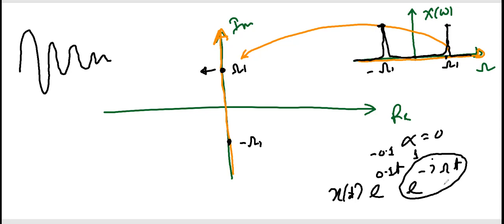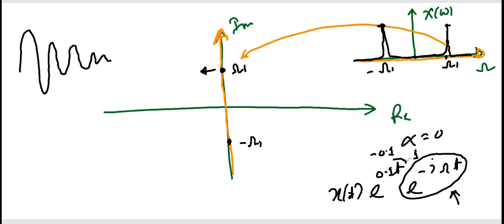Try to understand this part. I'm asking, does this part have any oscillation? Yes or no? e to the power minus j omega t. What is the amplitude of e to the power minus j omega t? It is 1.